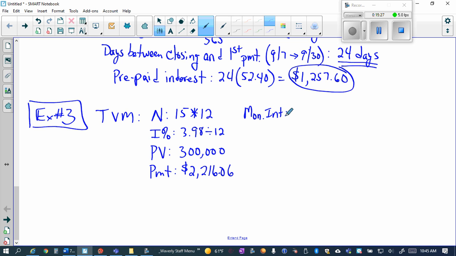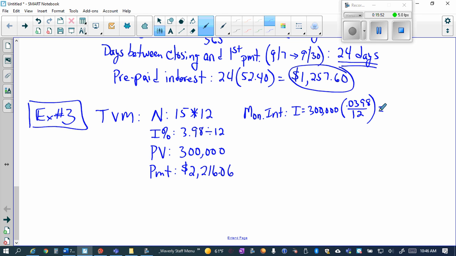So we can just use simple interest, right? So we can use interest equals principal, $300,000, times, now it's our APR, but we need that monthly. We've got to divide it by 12. So 0.0398 divided by 12.